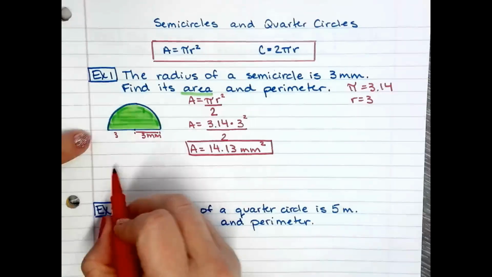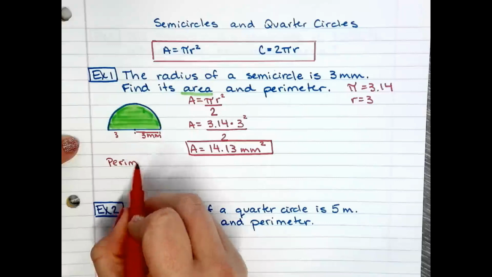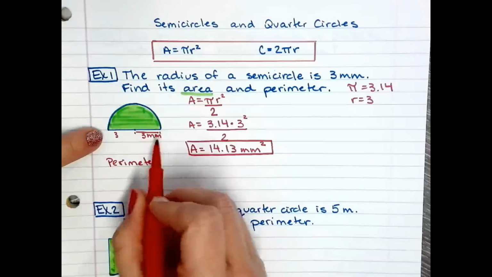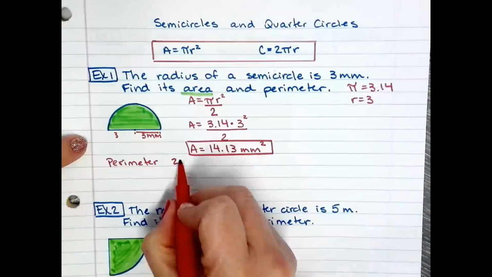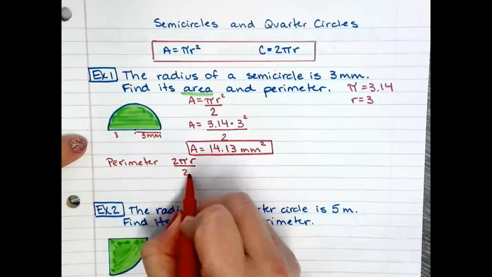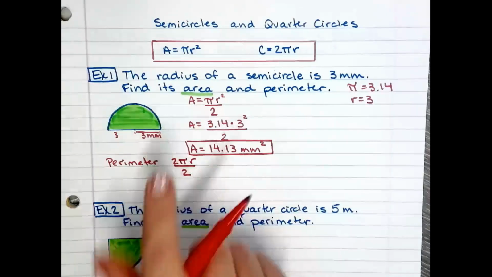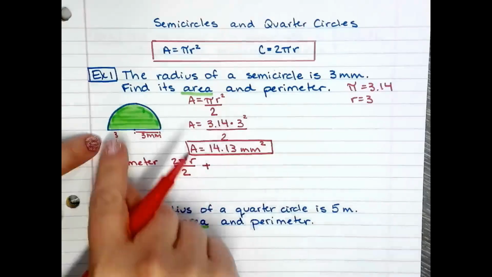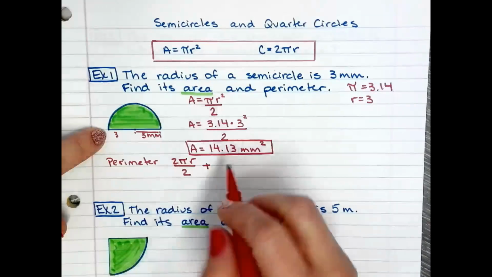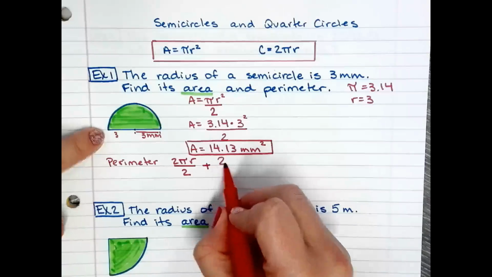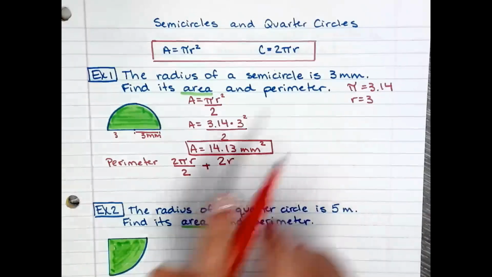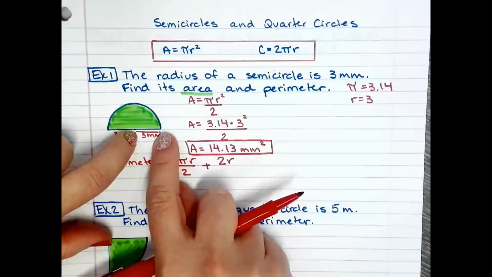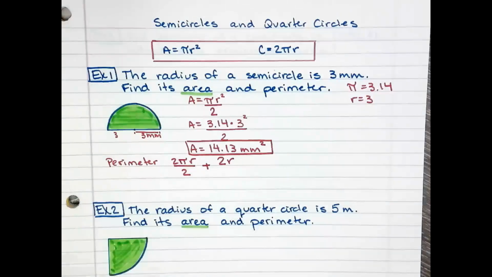So to find the perimeter of that semicircle, I will use this formula, but only half of it because I only have half of a circle. And then I need to add this part right here. You can either call it plus the diameter or plus 2 times the radius, because they gave us the radius, so might as well just use it.